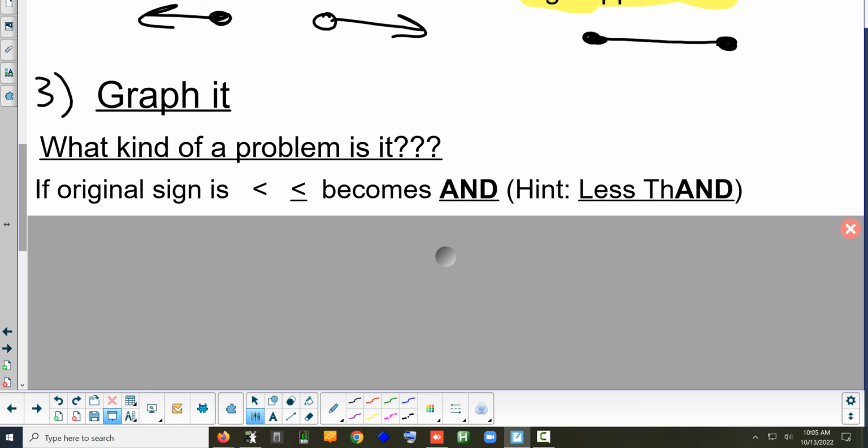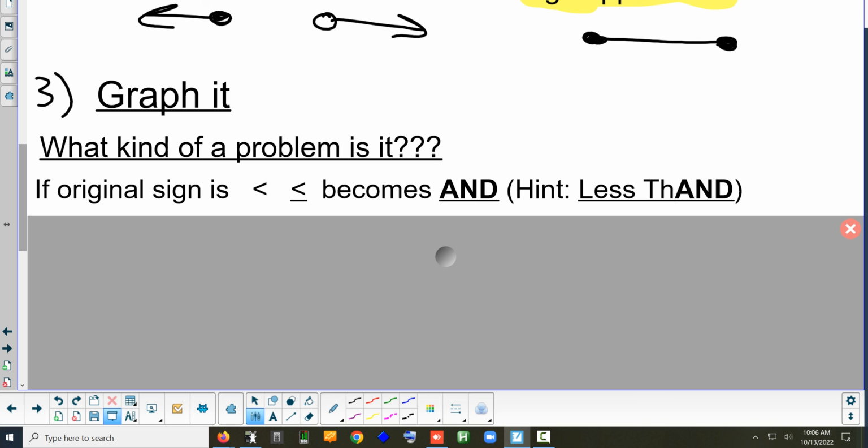And the hint, if you try and pronounce it this way, instead of saying less than, pronounce it like less than. It almost sounds the same. Less than is an and. So less than is an and. What do you think greater is? Or my hint is, what do you think greater is going to be? Yeah? Or.